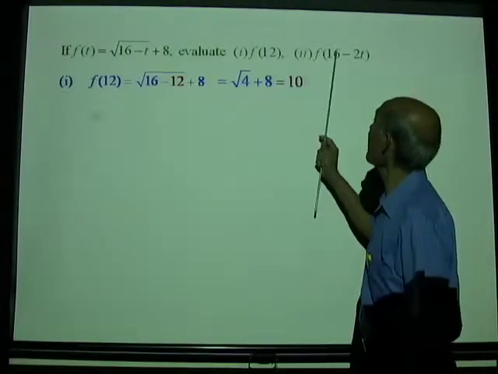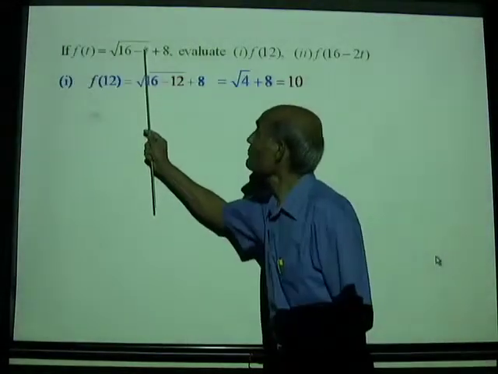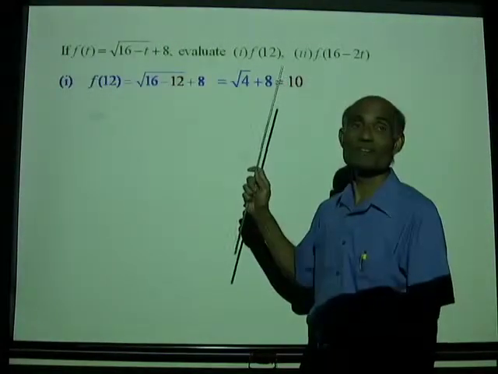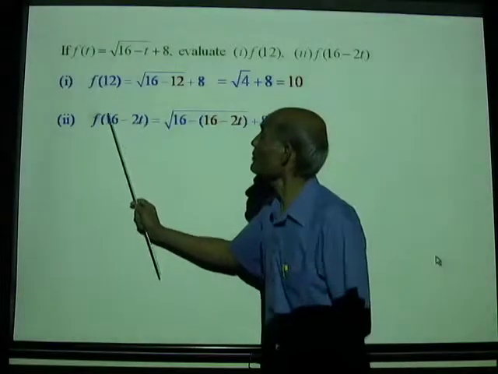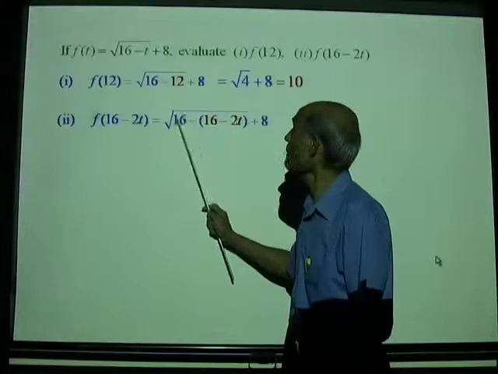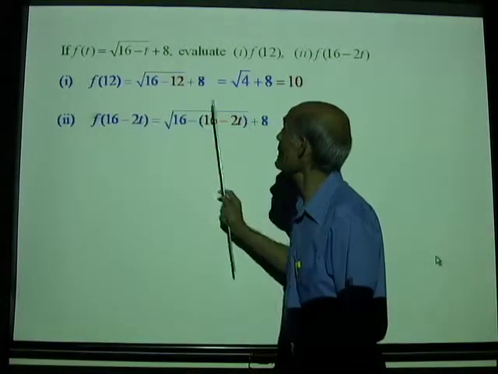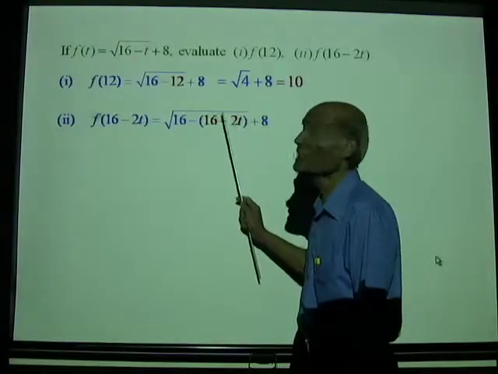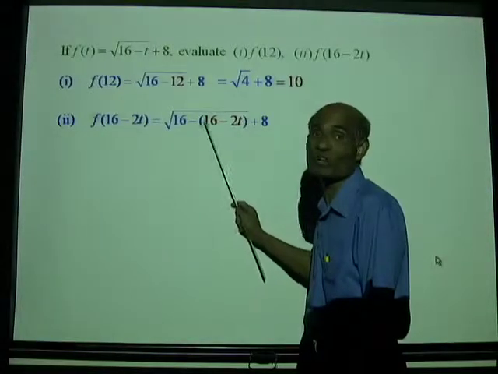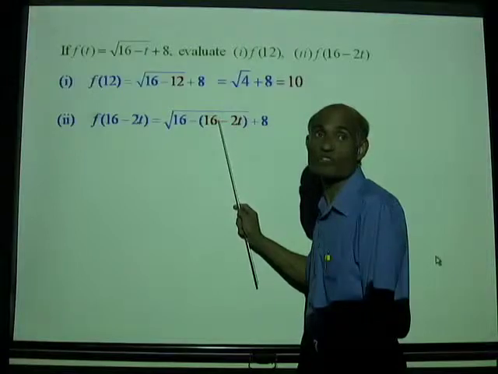How about f of 16 minus 2t? What do we do? Replace this t by 16 minus 2t. So be careful when you do that. Watch this. F of 16 minus 2t is square root of 16 minus. This t is replaced by 16 minus 2t. That means you need to write that quantity inside a parenthesis because of the negative sign here. 16 minus t.